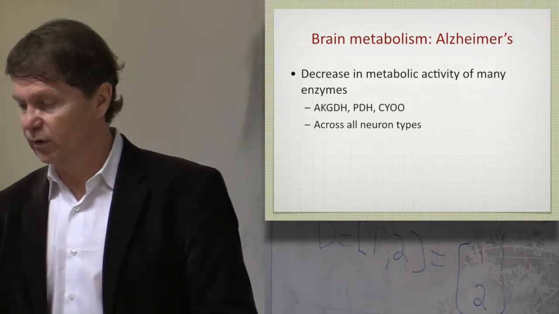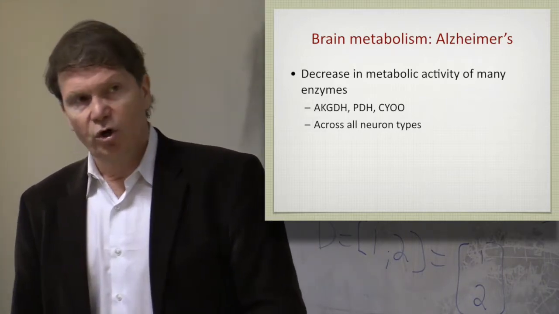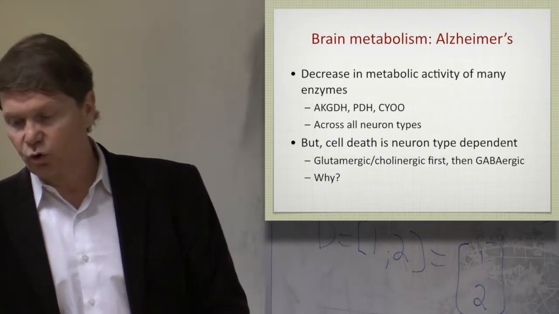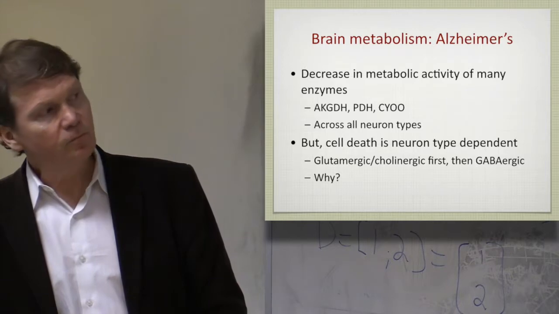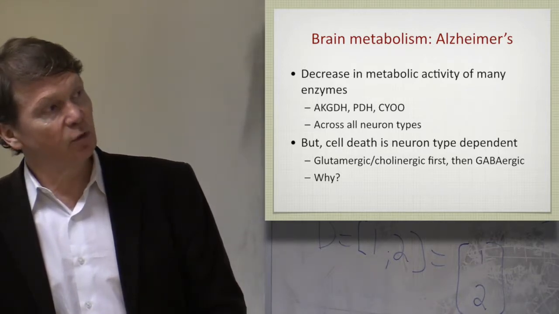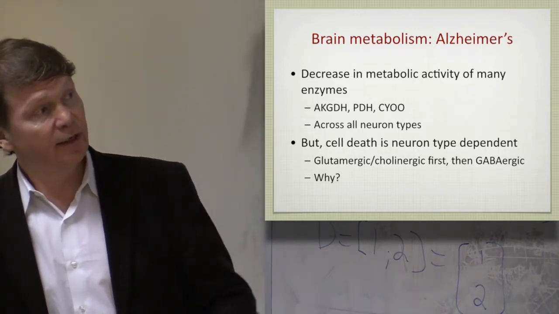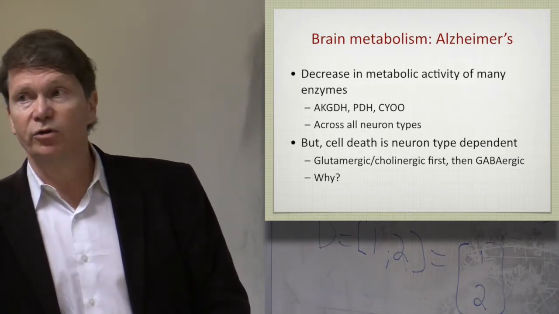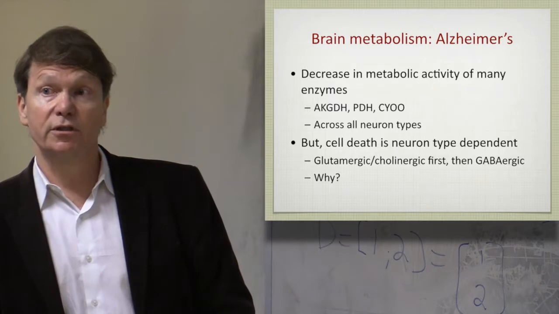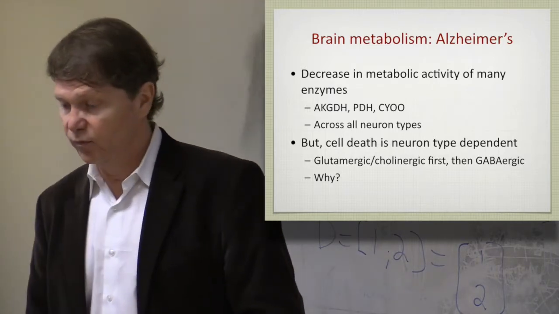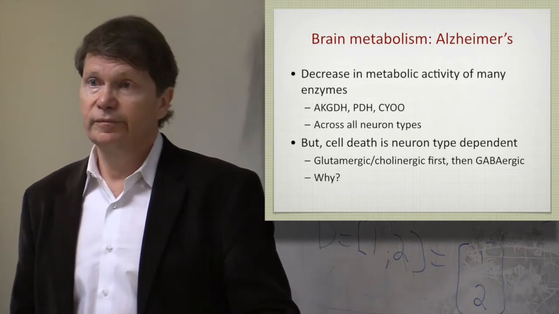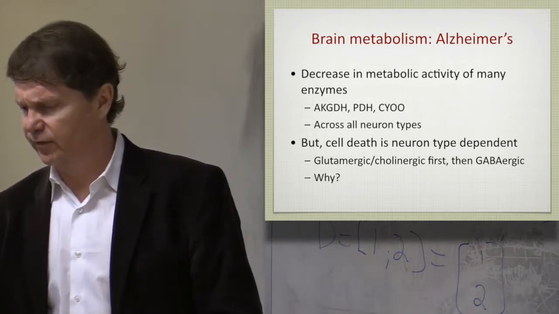The cell death in Alzheimer's is confined apparently to two types of neurons, the glutamatergic and cholinergic neurons, that apparently deplete first, but the GABAergic neurons apparently persist. And one of the questions in the field is, why does that happen? Why are they somehow neuroprotective, for lack of a different word?